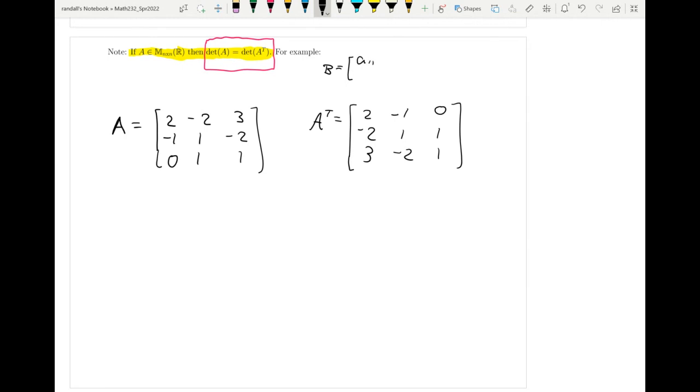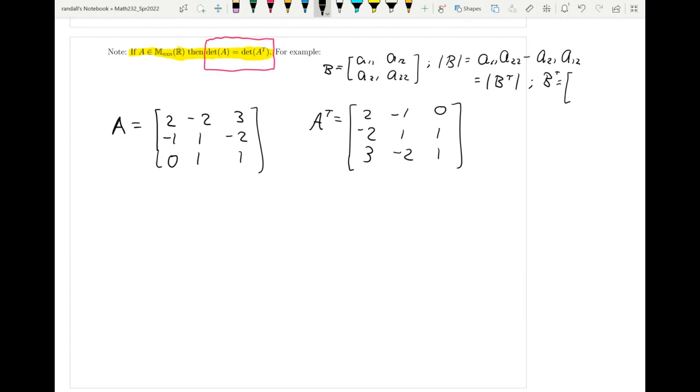Let's look at why it's true for the 2 by 2 matrix. Then I won't have to write all that out down here. Remember, for a 2 by 2 matrix, this determinant was defined to be A11 times A22 minus A21 times A12, and that is the same as the determinant of this 2 by 2 matrix transposed.